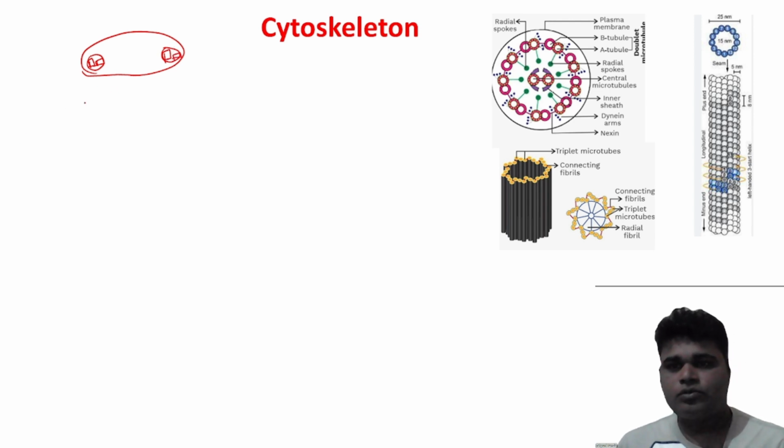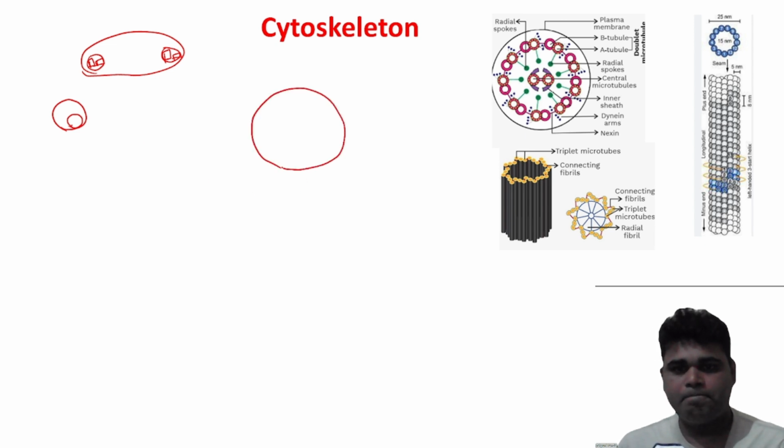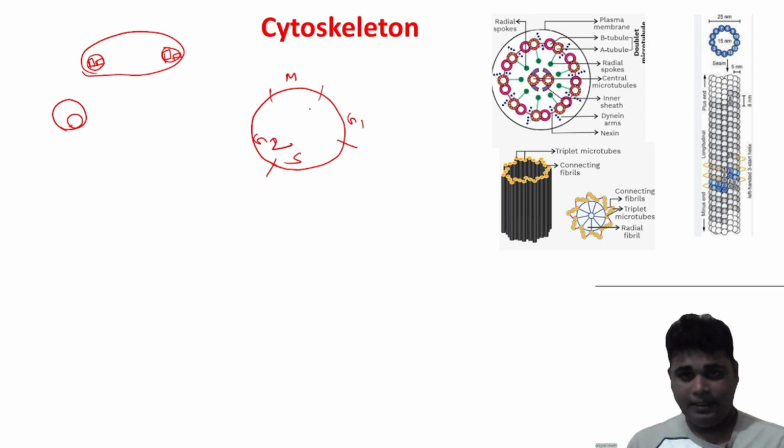Actually, in the cell first one centrosome is present. For example, in the cell cycle, this is the M phase, this is the G1 phase, this is the S phase, this is the G2 phase. M phase means the division phase, that means mitosis or meiosis.